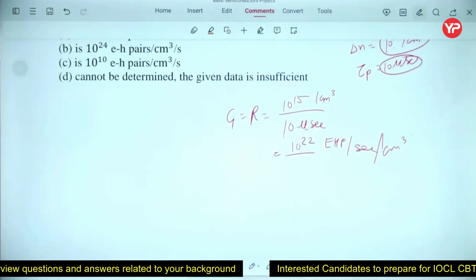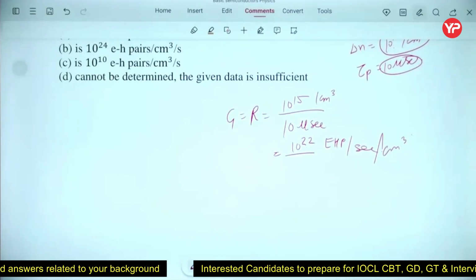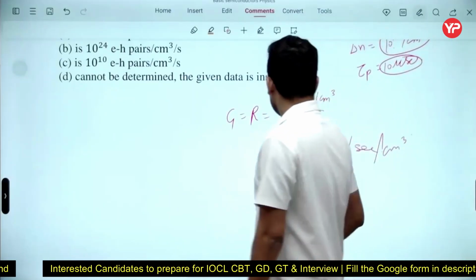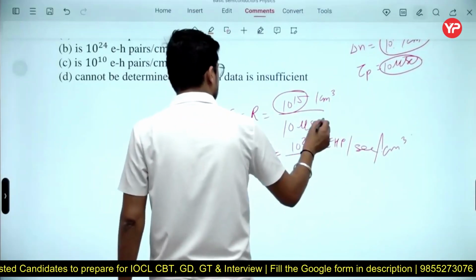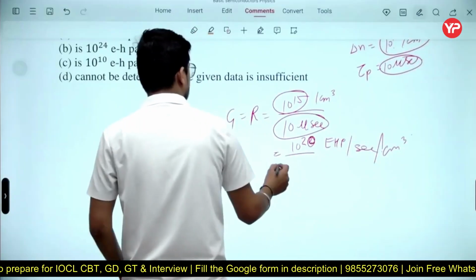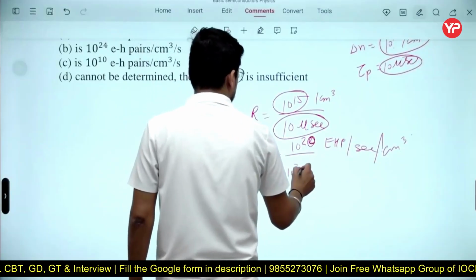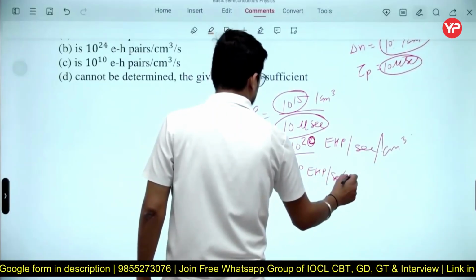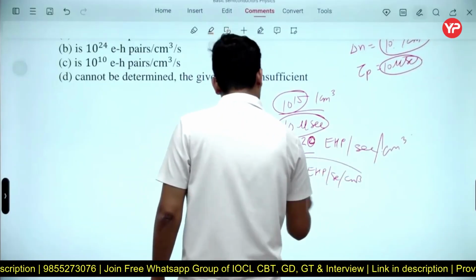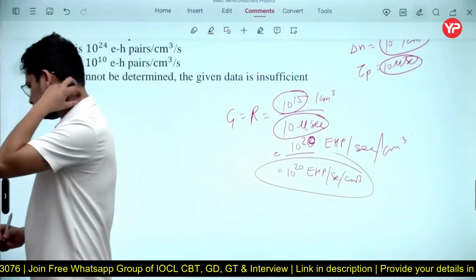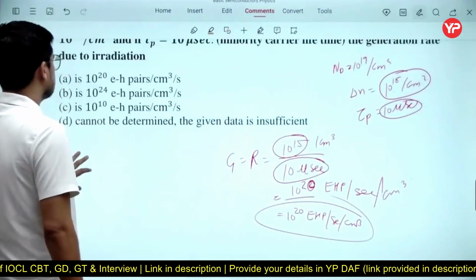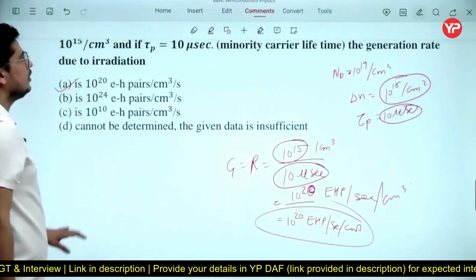Am I correct or not? Sorry, it is 20 there. So 10 raised to power 15 divided by 10 microseconds will be equal to 10 raised to 20 electron hole pairs per second per centimeter cube. But remember, at steady state the generation rate is equal to the recombination rate.